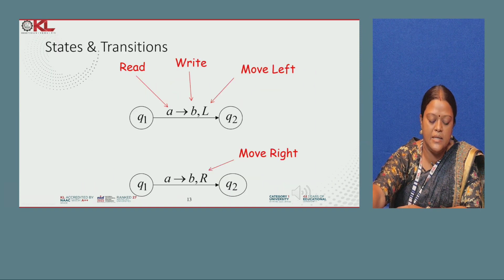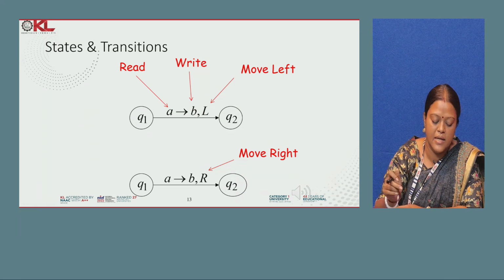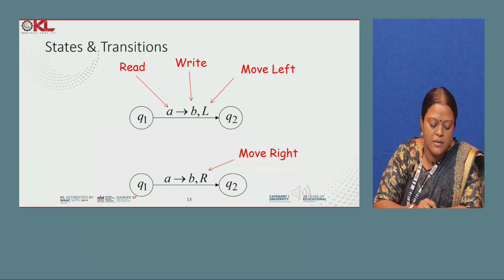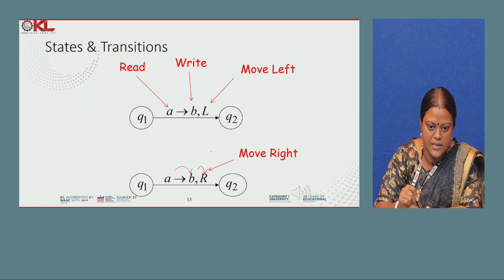Now this is an example of a state and transition. This transition says that on Q1 we are reading an input symbol A, we are replacing it by B, and we are moving to the left hand side, and the new state is Q2. The second example is on Q1 we are reading input symbol A, replacing it by B, and we are moving to the right hand side.